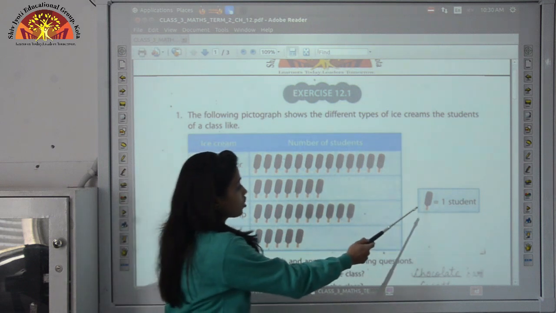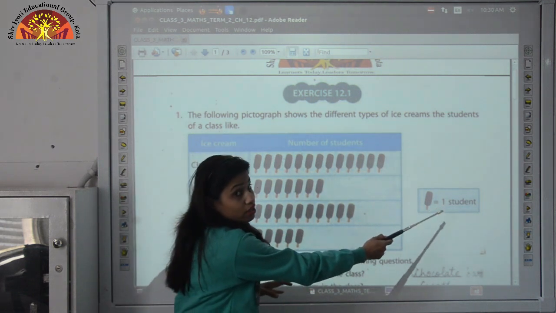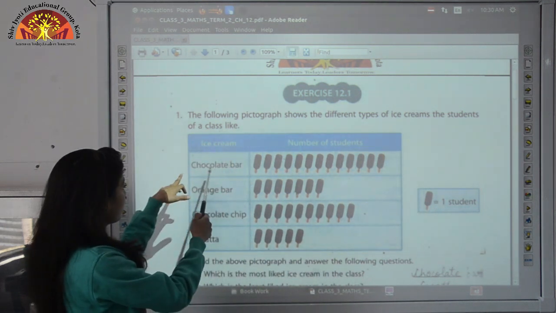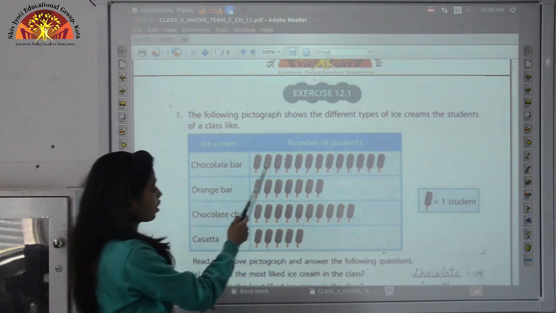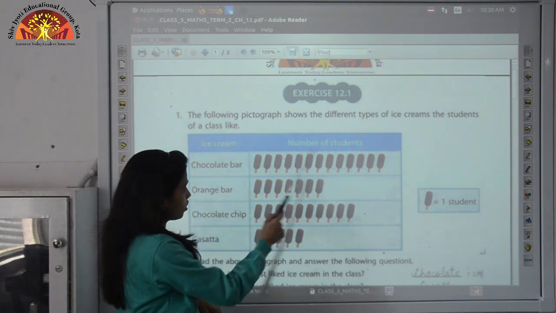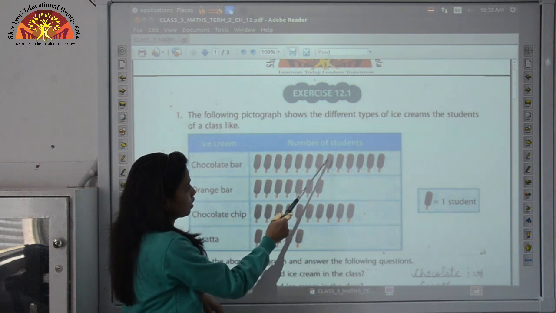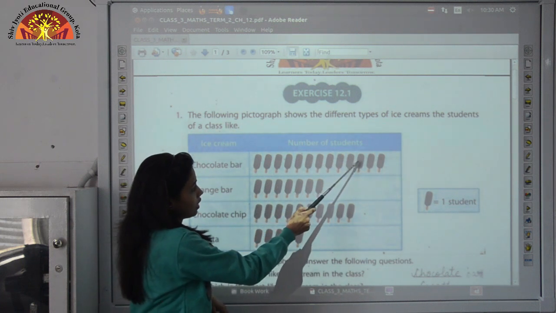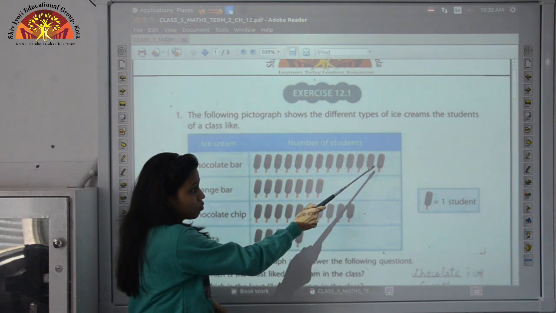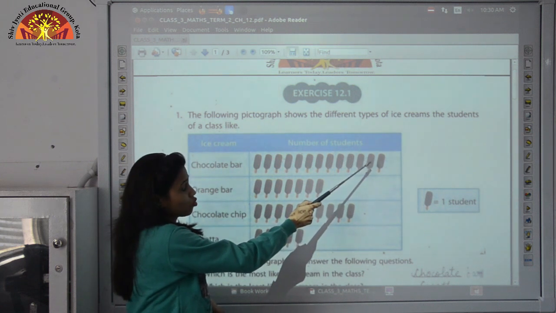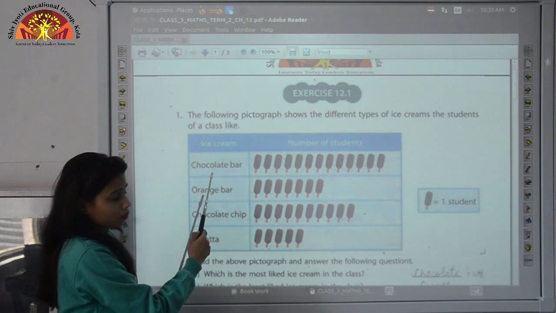Here each ice cream represents one student. Now chocolate bar. So how many ice creams are there? 1, 2, 3, 4, 5, 6, 7, 8, 9, 10, 11, 12, 13. That means 13 students like chocolate bar.